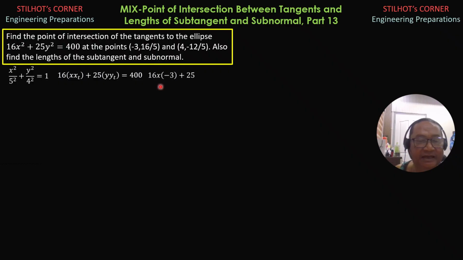So 16x times negative 3 plus 25y times 16 over 5 equals 400, simplifying, negative 48x plus 80y equals 400. Simplifying further, you have 3x minus 5y equals negative 25.